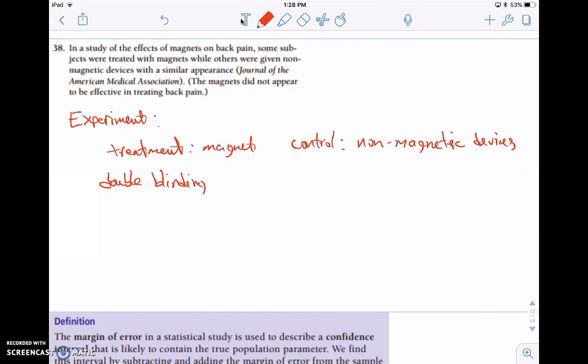They may subconsciously do things in a slightly different manner. So with them not knowing, having a double blinding study would definitely be the most effective in this experiment.